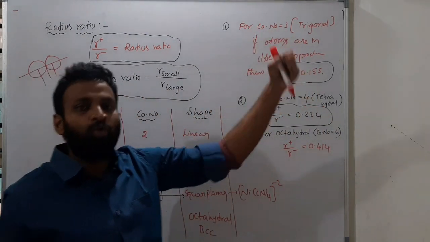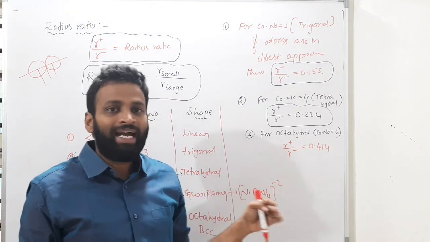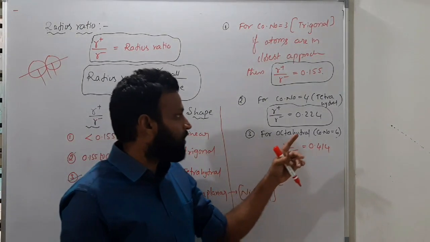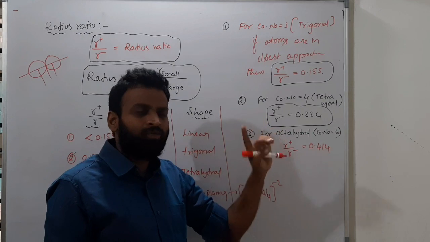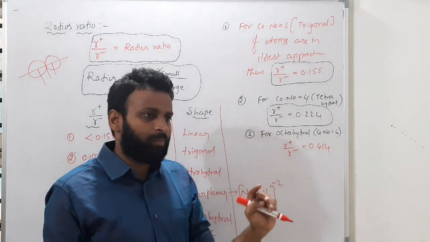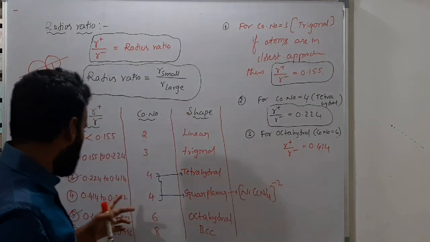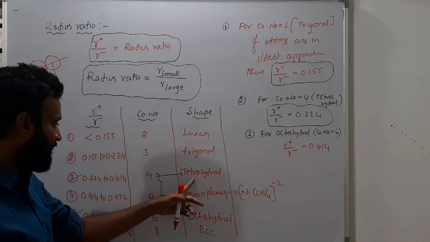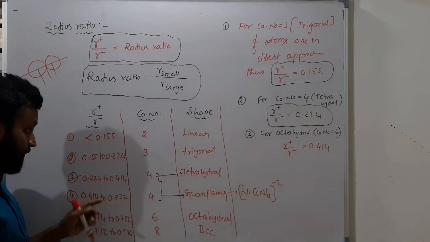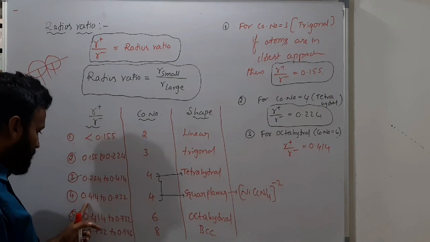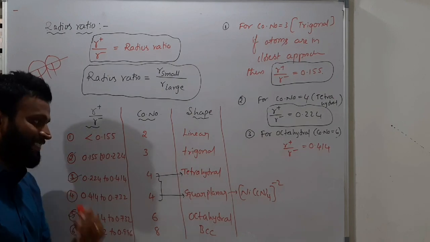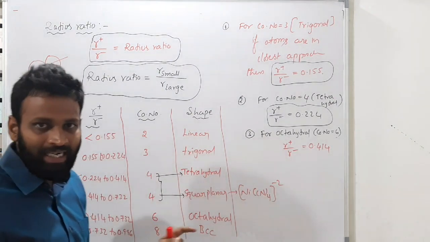For a coordination number 4 system, the radius of cation is this much, the radius of anion how much. Coordination number 4, they mentioned whether square planar or octahedral. Coordination number 4 means if tetrahedral you have to take this one, but if they give square planar then 0.414 you have to consider. This is very important. Understanding?